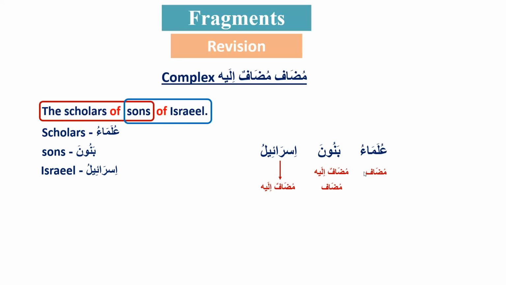Ulama needs to be changed so it becomes mudaf. Banoon should be mudaf and mudaf ilayh at the same time. We haven't made the changes yet. And Israelu needs to be changed to mudaf ilayh. So now we need to make the fragment, "the scholars of sons of Israel." We have done the groundwork. Now I need the answer.